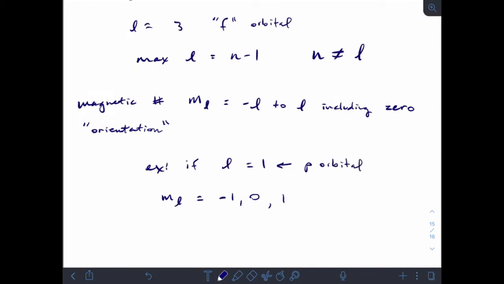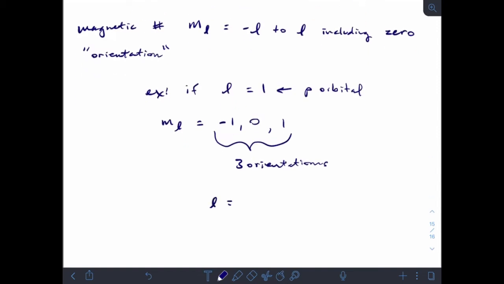And remember we said there were 3 possible orientations for a p orbital? Okay, so the negative 1 tells us one orientation, the 0 tells us another orientation, and the positive 1 tells us a third orientation.